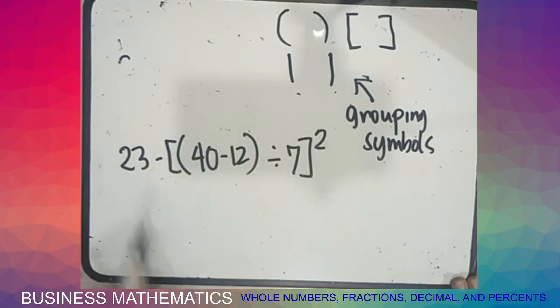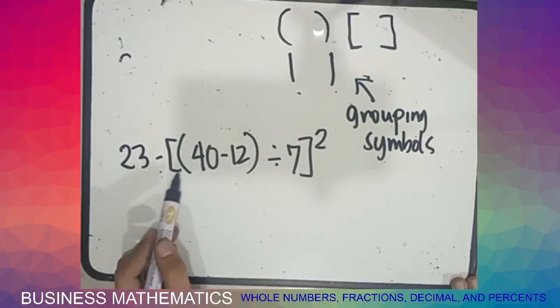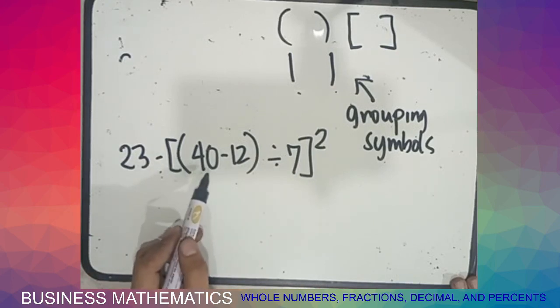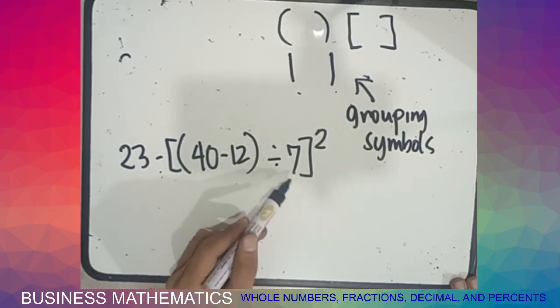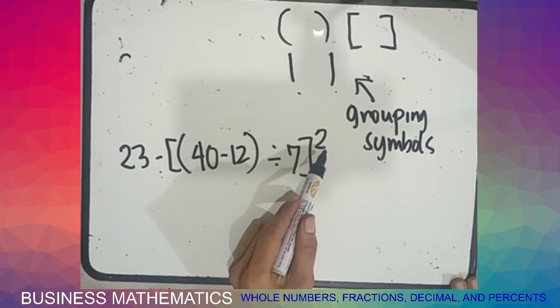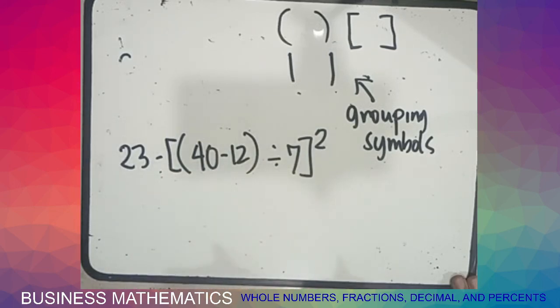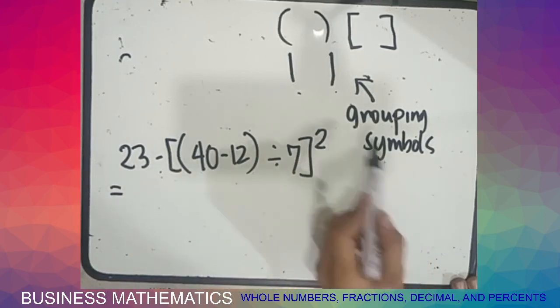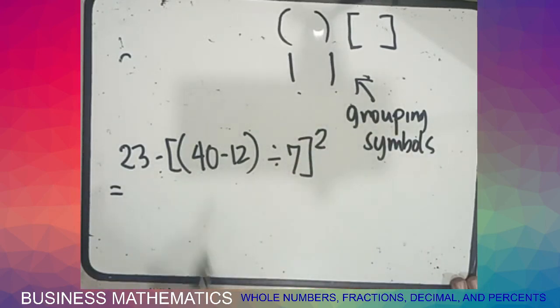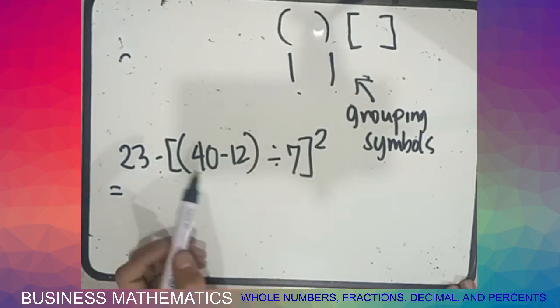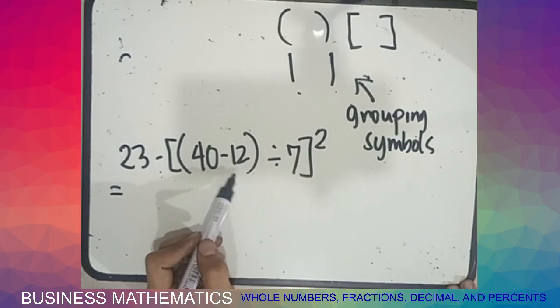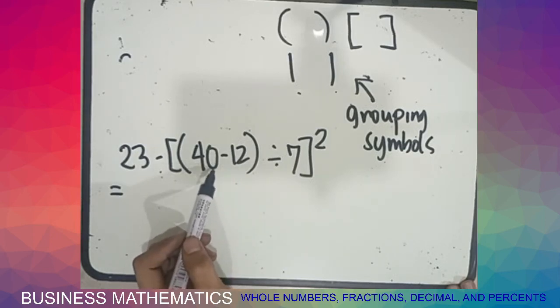So, 23 minus brackets, the quantity of 40 minus 12, divided by 7, tapos may squared tayo sa labas. Anong uunahin natin? Siyempre, yung meron tayong tinatawag na grouping symbol. Meron tayong brackets at saka parenthesis. Sa loob ng brackets, meron tayong parenthesis. Sa loob ng parenthesis, meron tayong dalawang number na pinagmaminus. Ito ang uunahin muna natin.